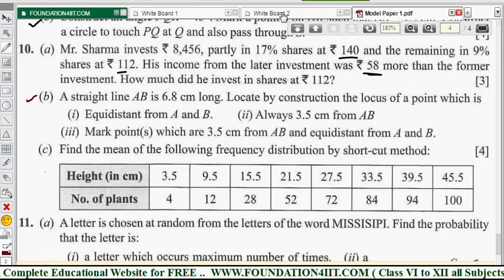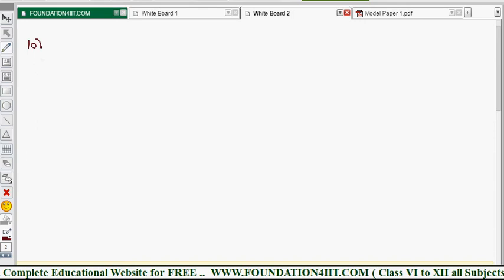Constructions in 10B I did in separate videos on this same channel, you can go through it. First of all, the locus of points equidistant from A and B is the perpendicular bisector of AB. I will show the diagram here. Take AB.